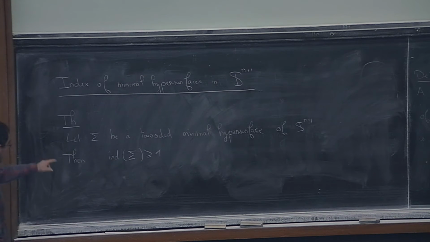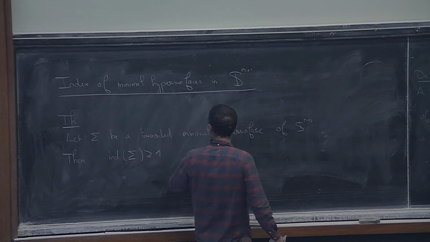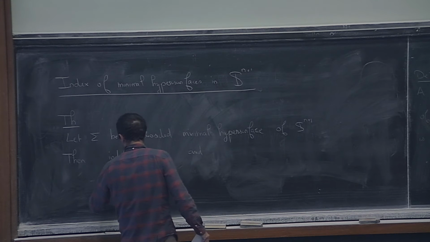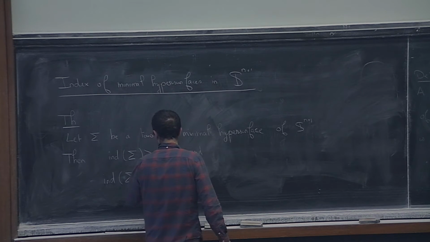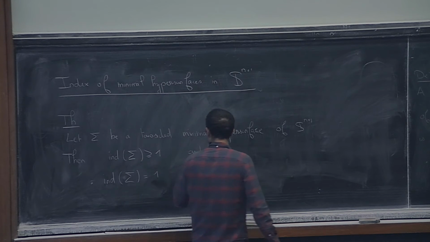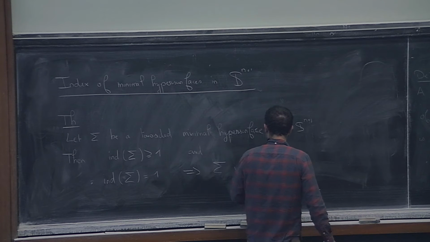And if the index of sigma is equal to 1, this implies that sigma is an equator.